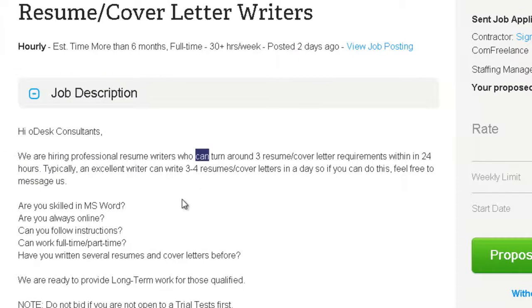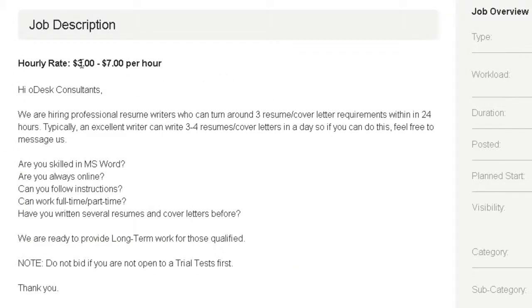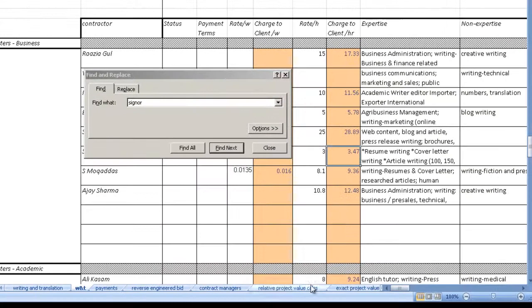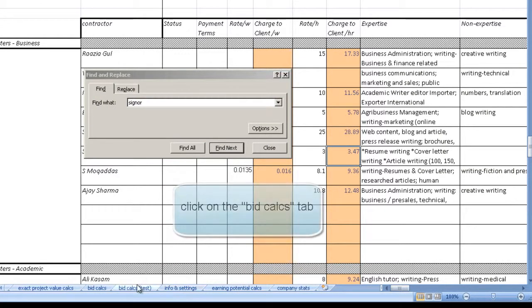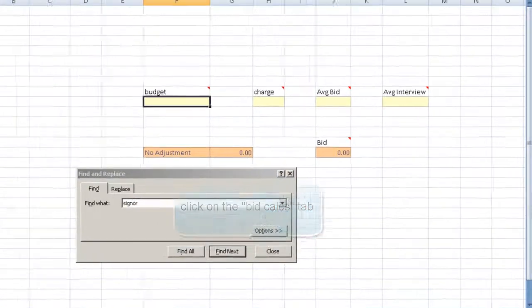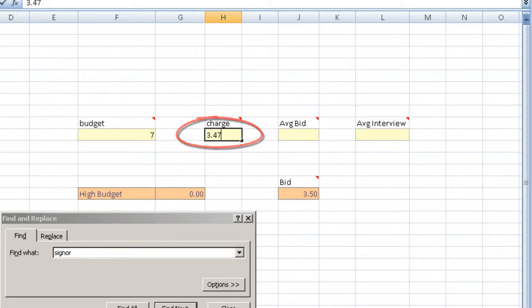But as you can see here, the client is willing to pay more. He's willing to pay up to $7. So I'm going to use the spreadsheet to calculate a new bid. I'm going to use $7 as the budget, $3.47 as the charge, and the average bid.